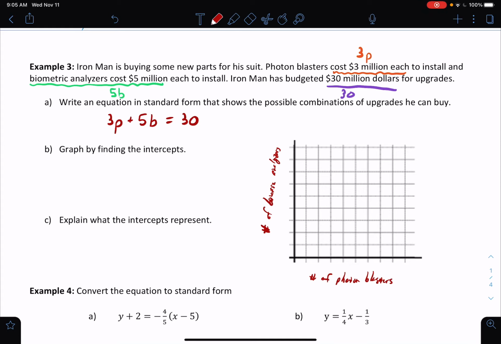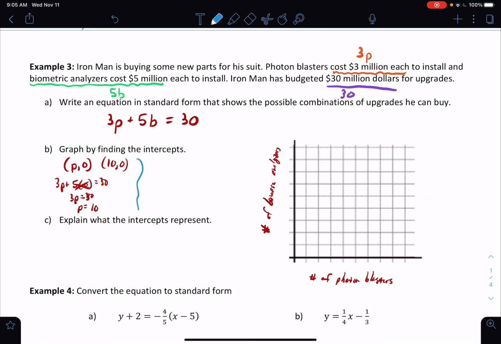So if I wanted to graph this, I would need to find the intercepts. All right? So if I found the intercepts, P-intercept, because P is playing the role of my x, I'm going to plug in 0 for B. I get 3P equals 30, so P is equal to 10. So my P-intercept is 10, 0.